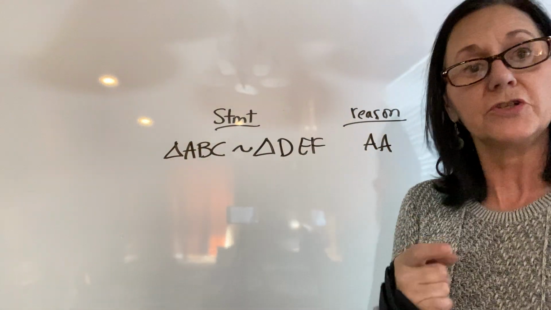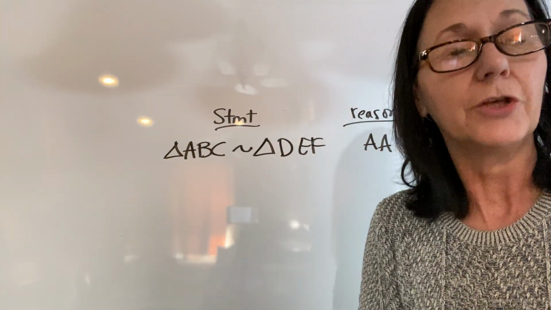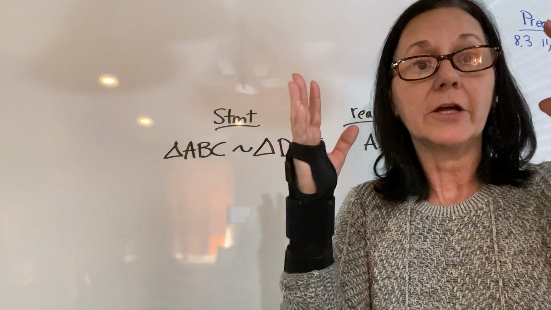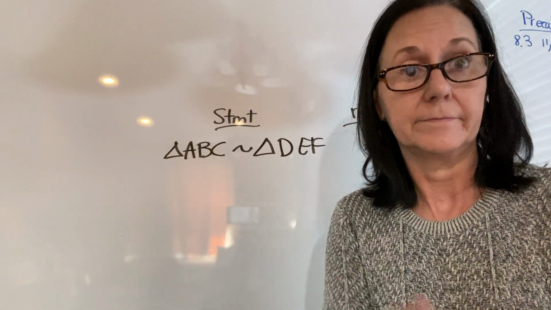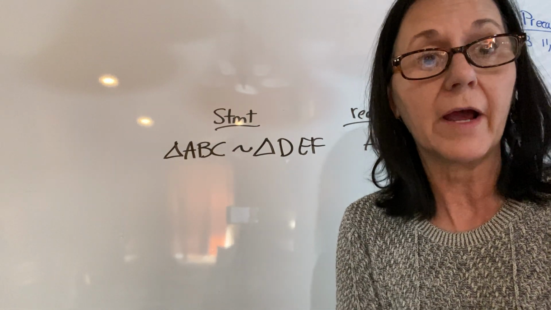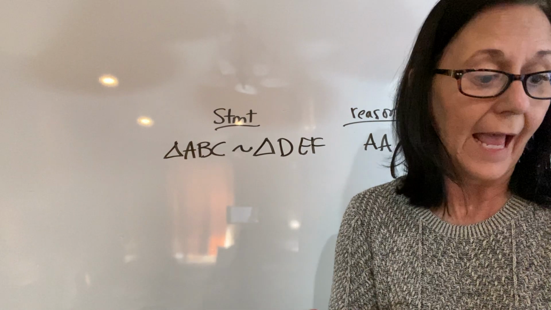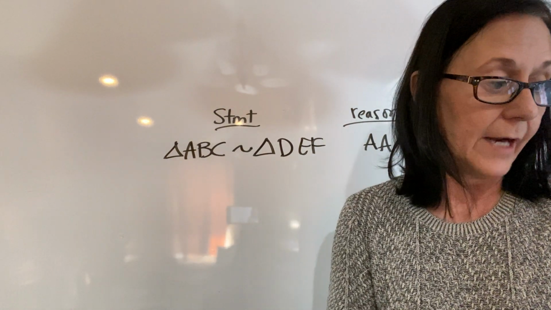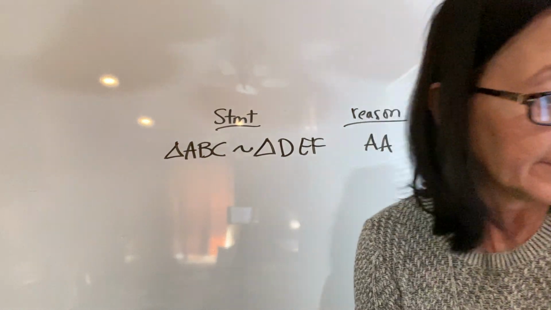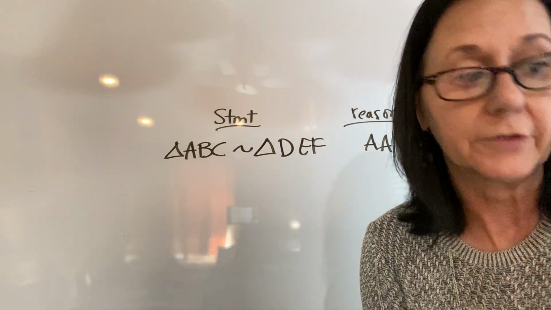Because if you prove two angles are congruent, you don't need a third one, because you know that the third ones are congruent as well. If two angles of a triangle are congruent to two angles of another triangle, the third angles are congruent as well.